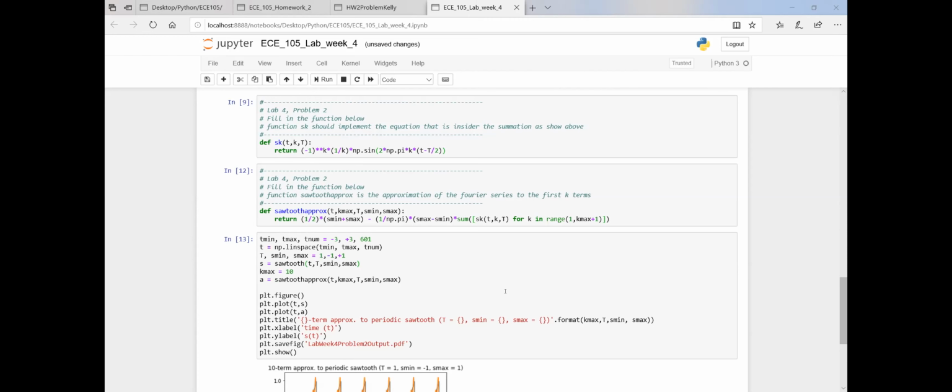Which part is where it starts realizing that it's taking in a vector function, not a scalar? This one, a is equal to sawtooth approx t k max. When you call this function and pass in a vector, it looks at what it has to return: half of s min plus s max minus 1 over pi, times s max minus s min, and then this vectorized part, which is a list comprehension, the sum of this whole thing with the square braces for loop.